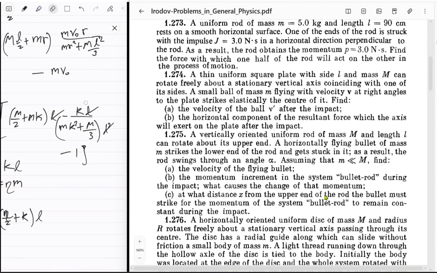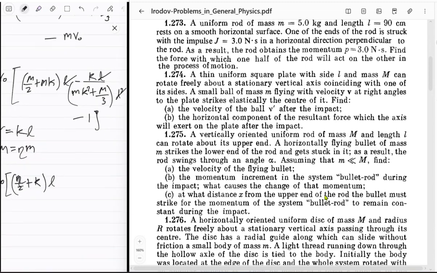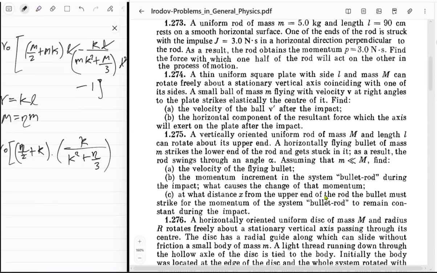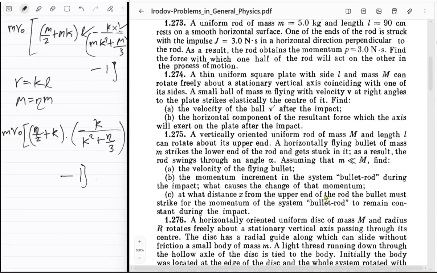So it's not supposed to be here. Perfect. And then you've got this. So that L is not here anymore. k upon k squared plus eta upon 3, minus 1. Ah, it's just taking forever.